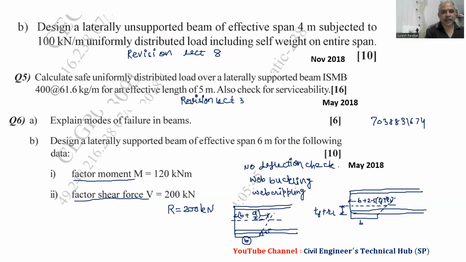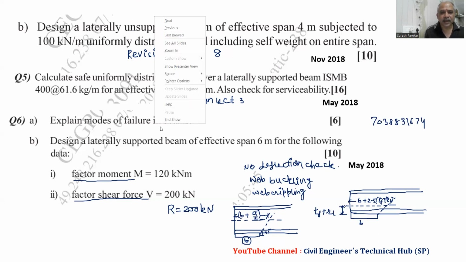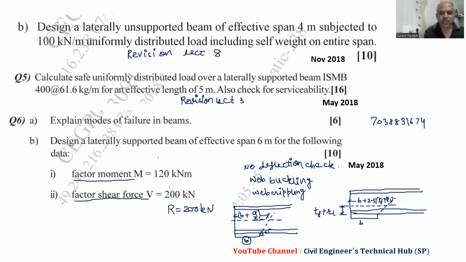Now we will start with this question. Why have I taken this question? I actually forgot to explain. Whenever your shear force is much larger, you can see your bending moment is 120 and your shear force is 200.